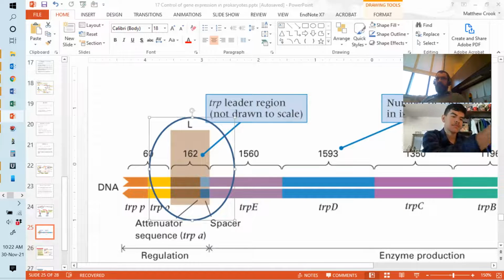Does it depend on how much tryptophan it senses? That's exactly what it depends upon. Okay. But how does that determine which conformation you have?